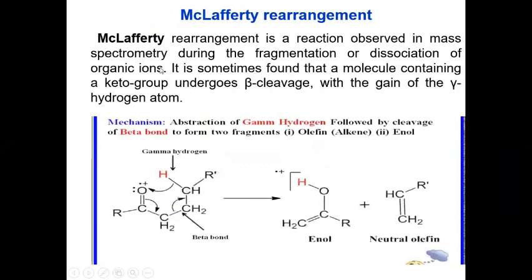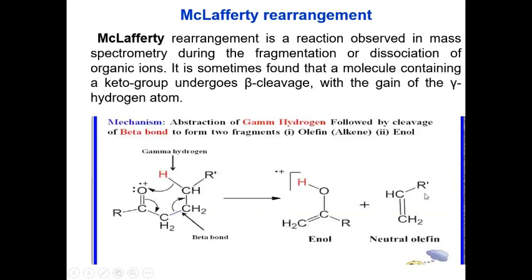So this is a compound containing a keto group. There is fragmentation of this molecule at a beta bond, and the keto group will extract the hydrogen atom from the molecule.